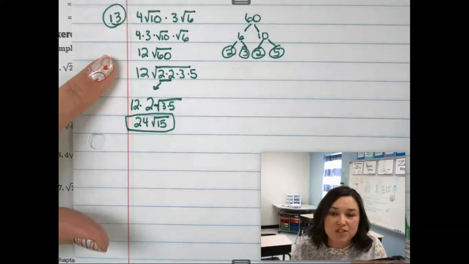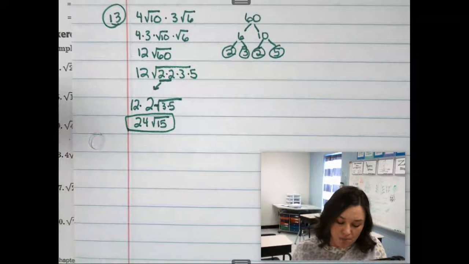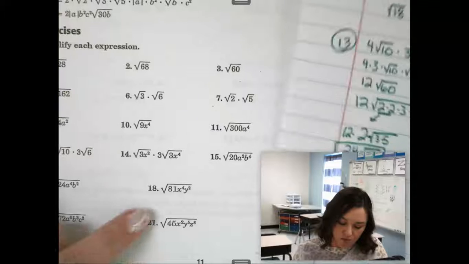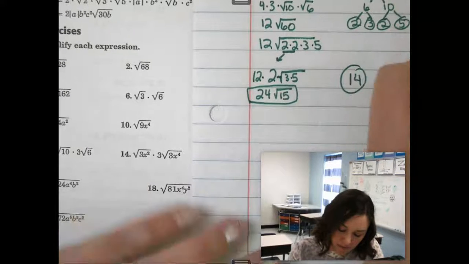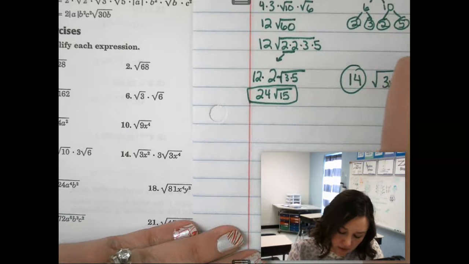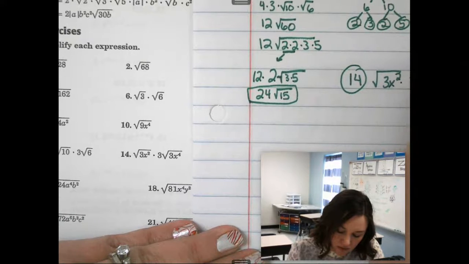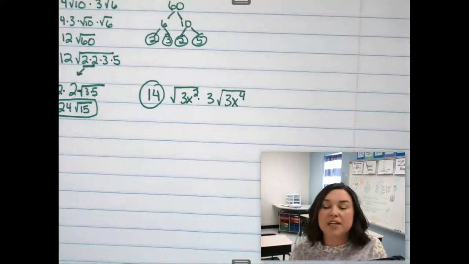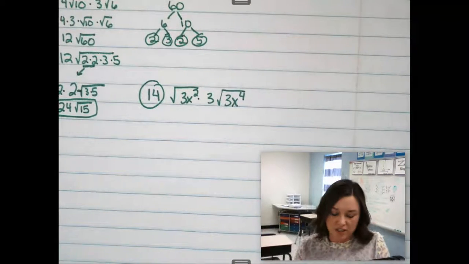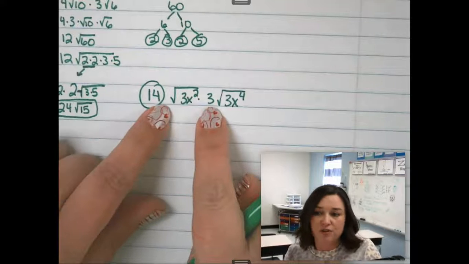So now we need to practice some where you are multiplying them. I'm going to do one more together with you, number 14. I'm going to copy the problem, and then I'll slide my paper over. So again, I'm going to multiply the coefficients together. Well, this has a coefficient of 3. This has a coefficient of 1.